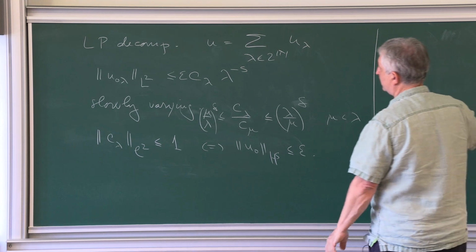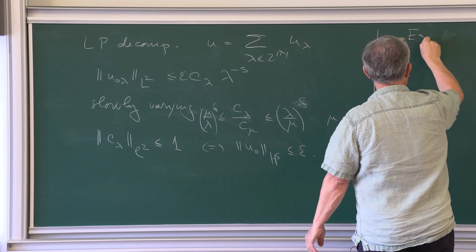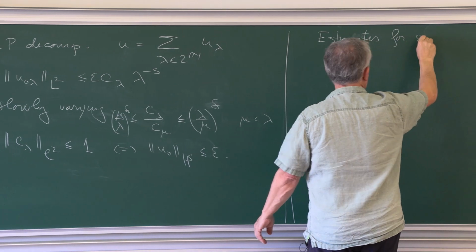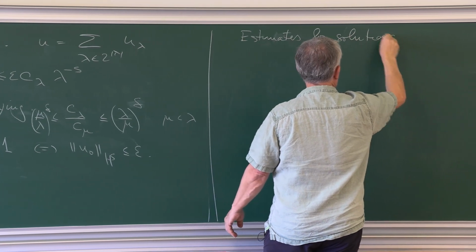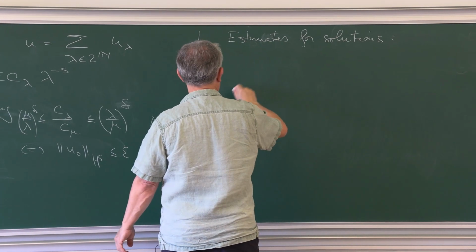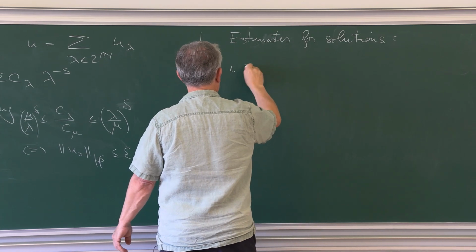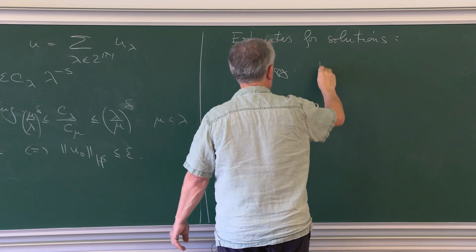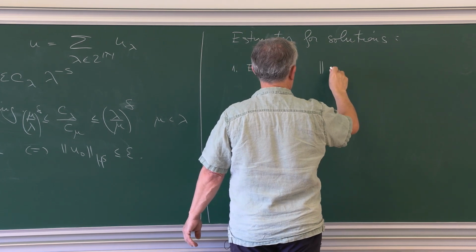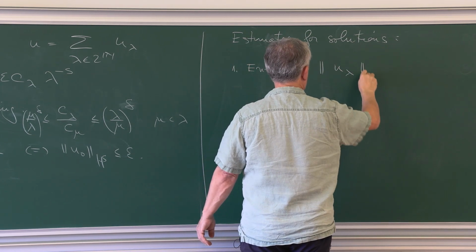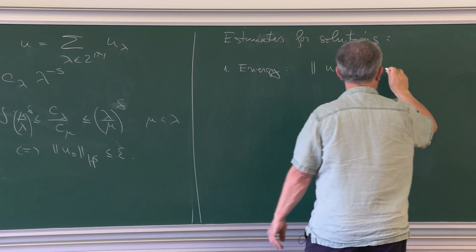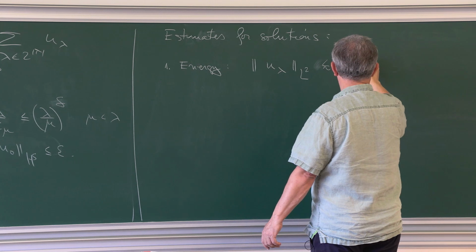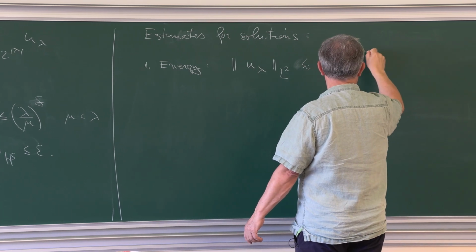So in particular, we would like the solutions to satisfy energy estimates. Norm of u lambda in L2 smaller than exactly the same thing that we had in there, epsilon c lambda to the power minus s.